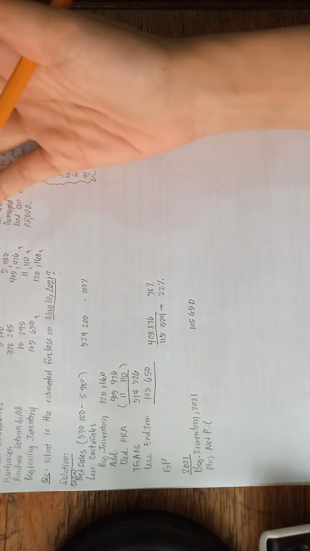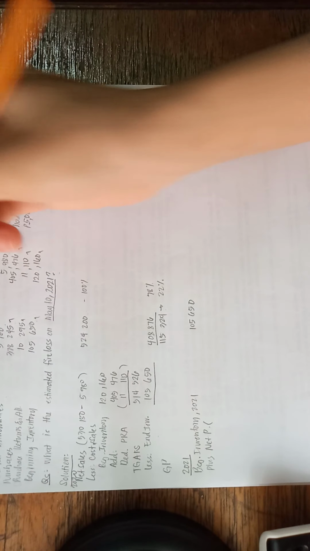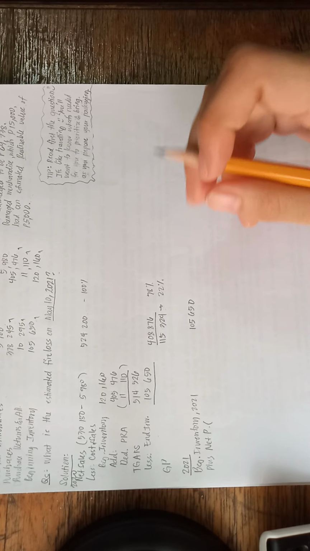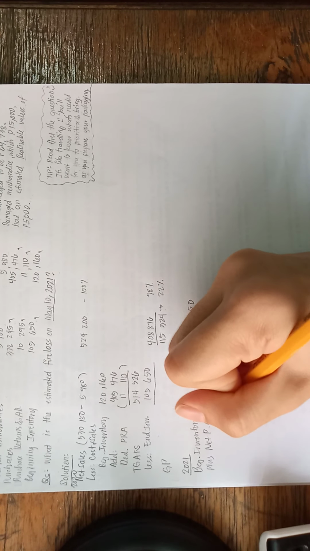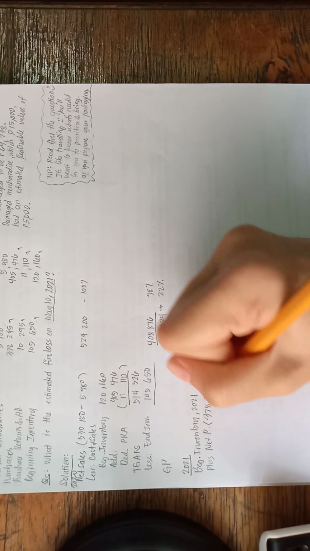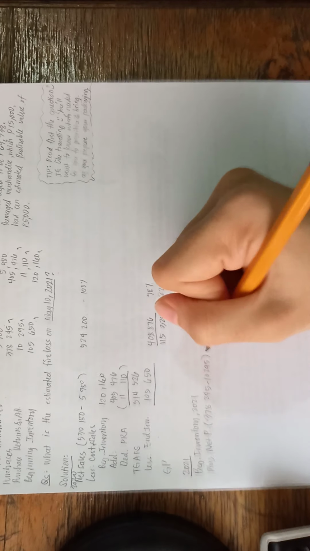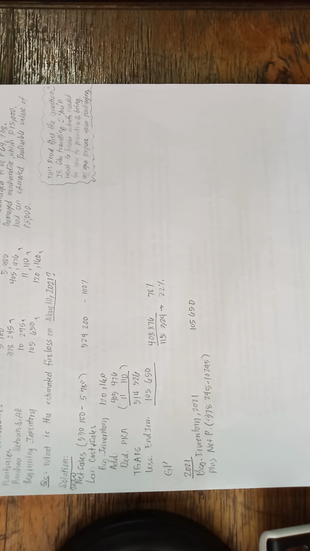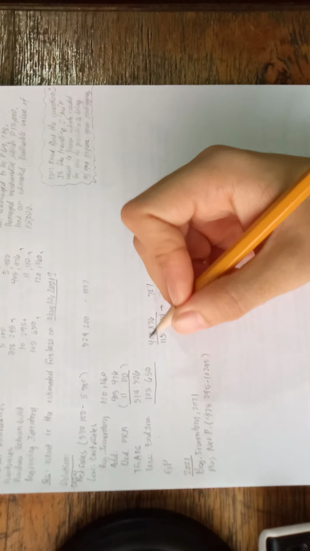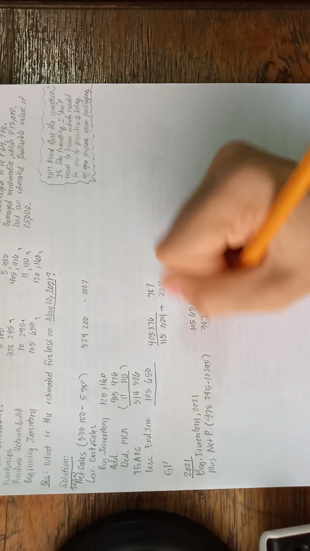To get the net purchases, 378,245 less 10,295 equals 367,950.